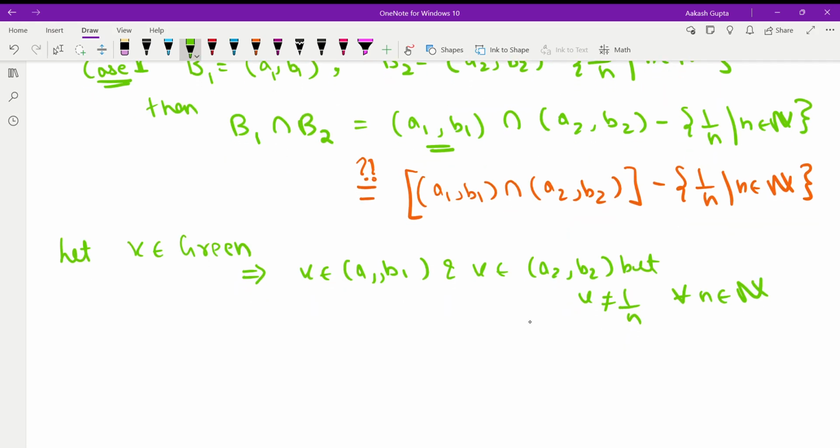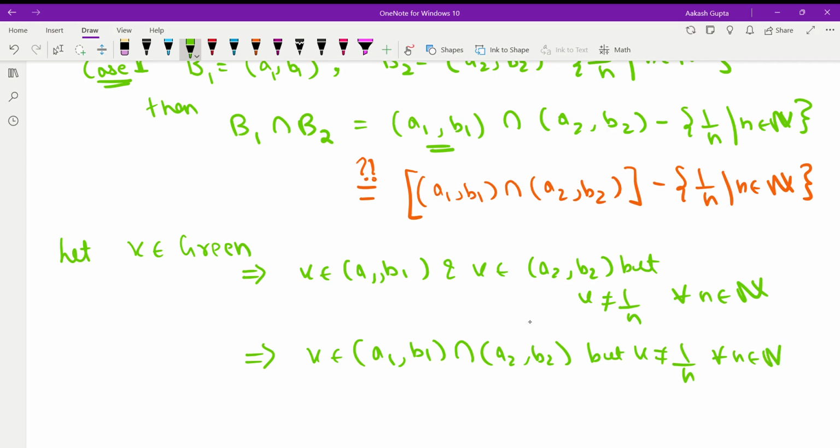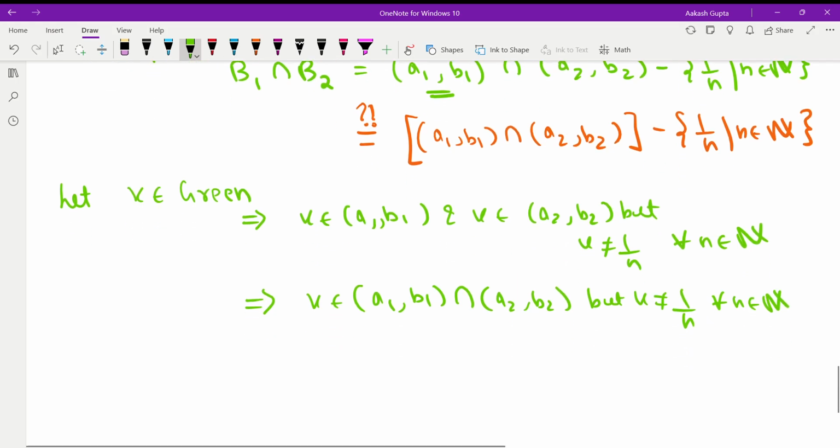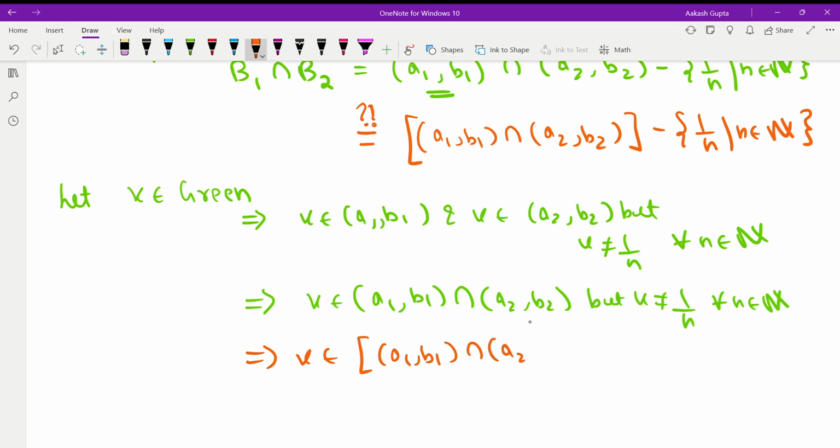Let us write it in a different way. This implies X belongs to (A1, B1) intersection (A2, B2), but X is not in this set. So what does it imply? X belongs to the orange one, that is, X belongs to (A1, B1) intersection (A2, B2) minus the set {1/n : n in N}.